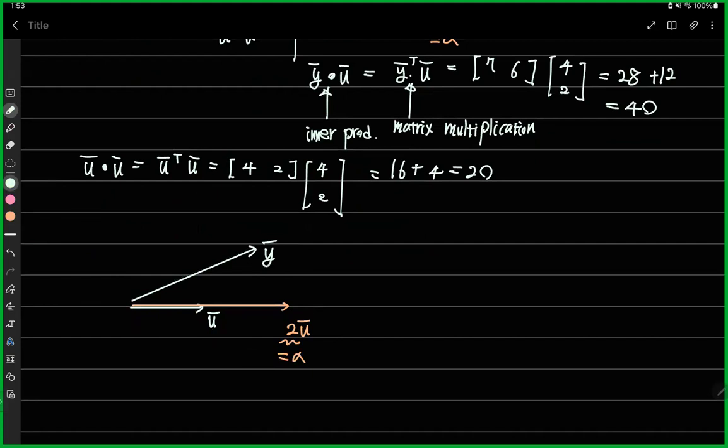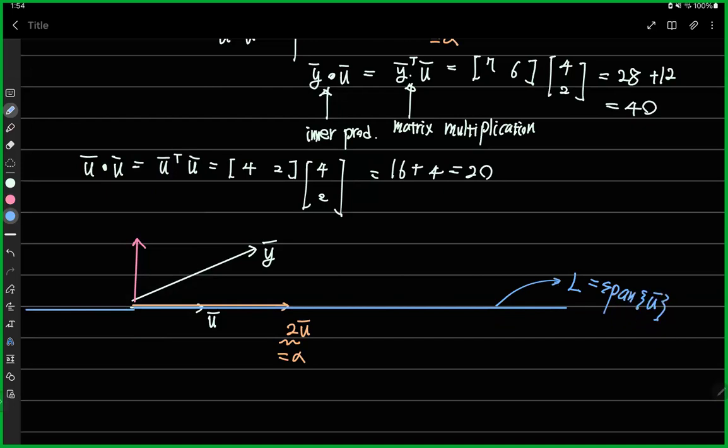The problem asks you to write vector y as one vector in span u. Span u is a line, let's say line L. And this is w right here.